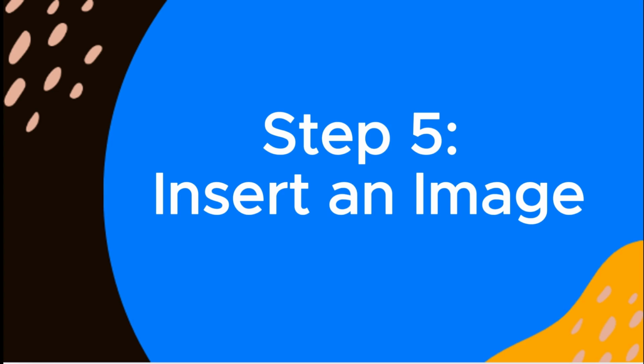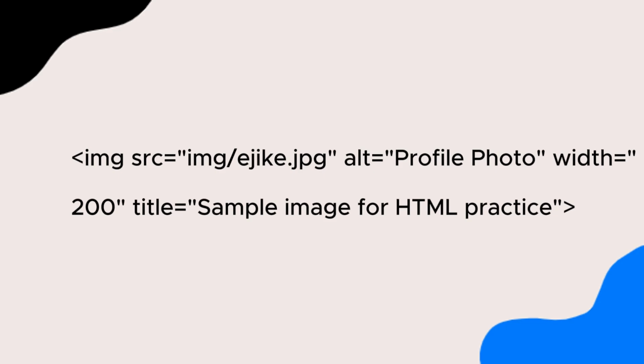Step 5. Insert an image. Here the image has only an open tag. We now have img space src is equals to quotation mark img slash the name of the image dot the type of the image, quotation close.